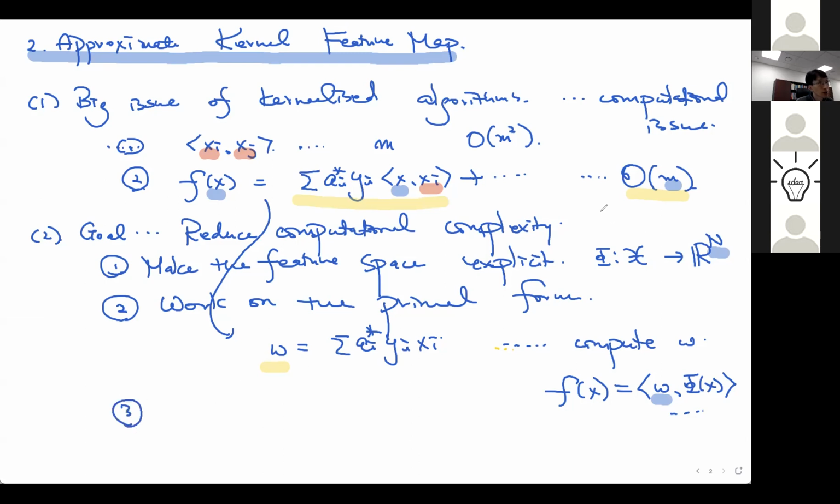If you have an original k, but you do it this way, then k of x and x prime is not going to be the same as the inner product of V of x and V of x prime, because we want to keep n small. n is not really the one from the RKHS.